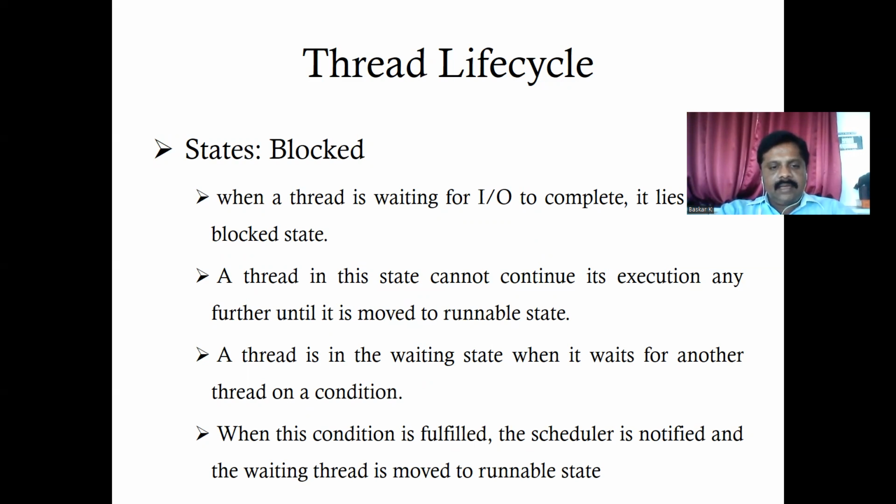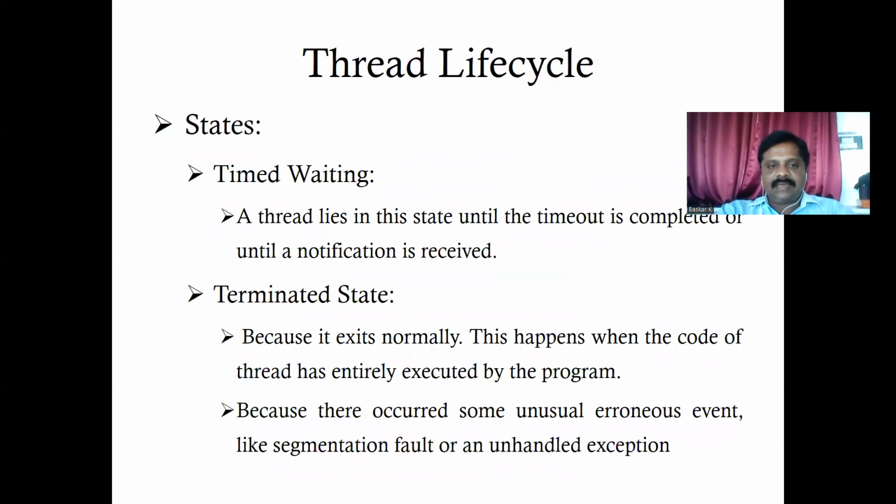A thread is in the waiting state when it waits for another thread on a condition. When this condition is fulfilled, the scheduler is notified and the waiting thread is moved to the runnable state. The next state is timed waiting. The thread lies in this state until the timeout is completed or until a notification is received.